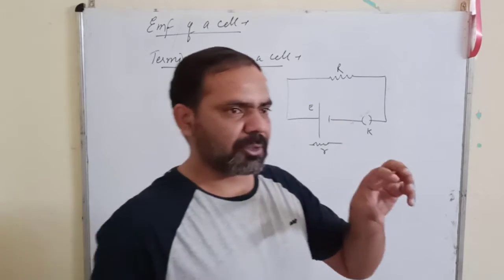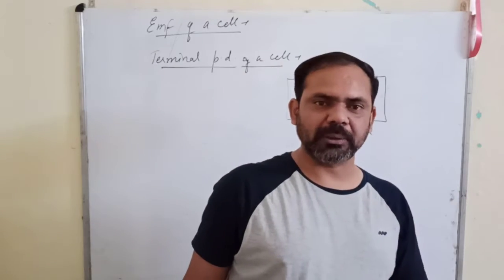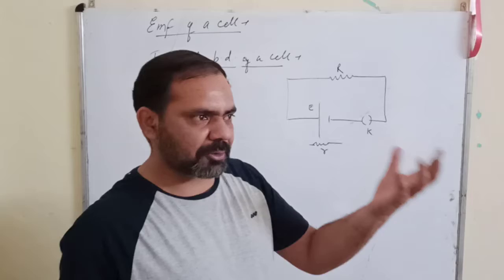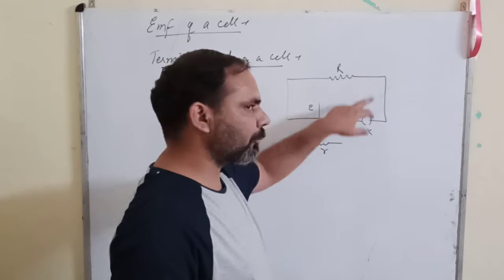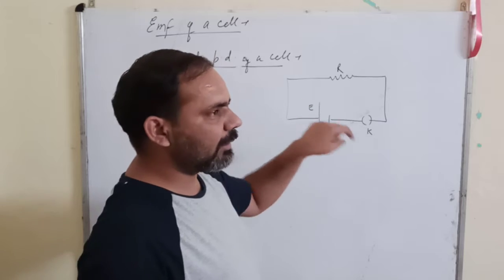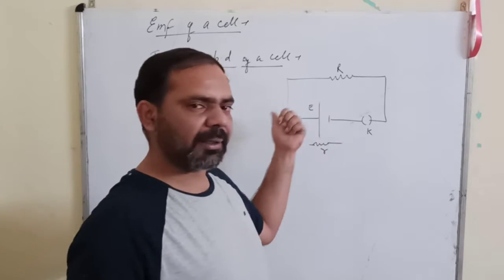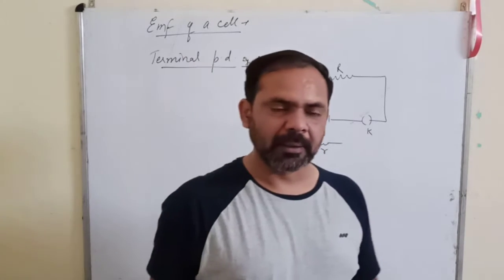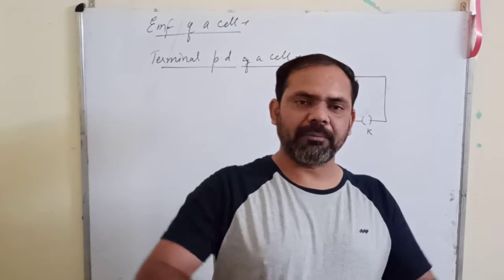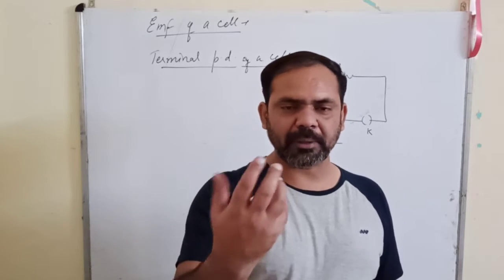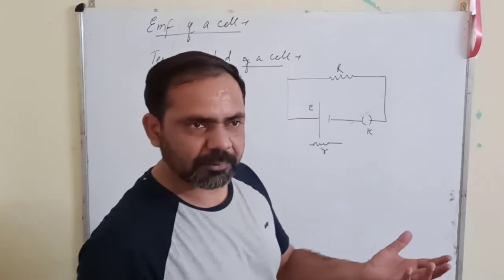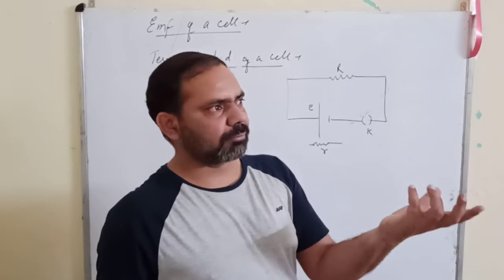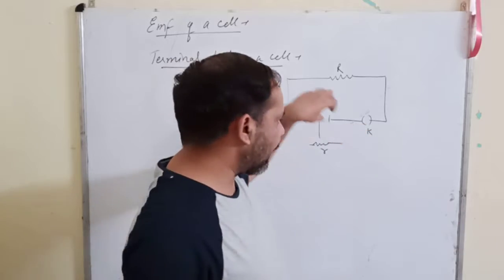When the current flows through the external circuit, outside the cell, the charge flows from the positive terminal towards the negative terminal, and inside the cell it flows from the negative terminal towards the positive terminal. Now inside the cell we have electrolyte, which has atoms.